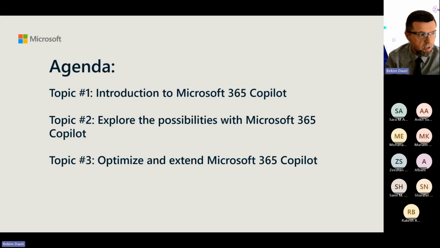Next, with topic 2, we will explore the possibilities and capabilities of Microsoft 365, especially on real world use cases. We're going to provide demonstrations of how Copilot can streamline tasks, improve creativity, and boost efficiency.